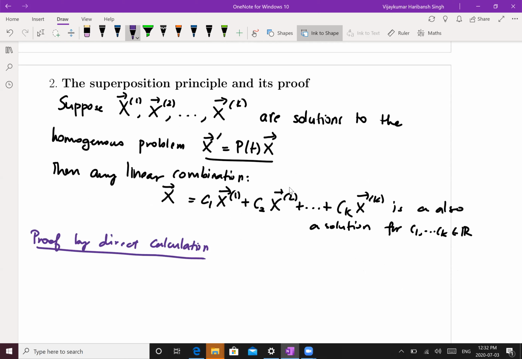So we take this and differentiate it, that is d by dt of X, not d by dx because the variable is t.